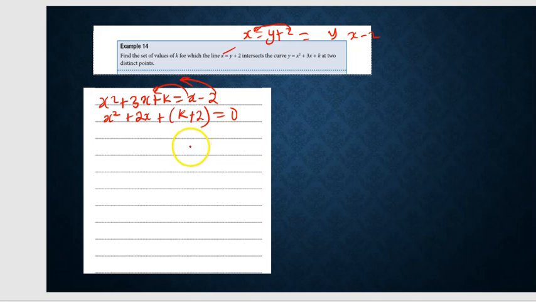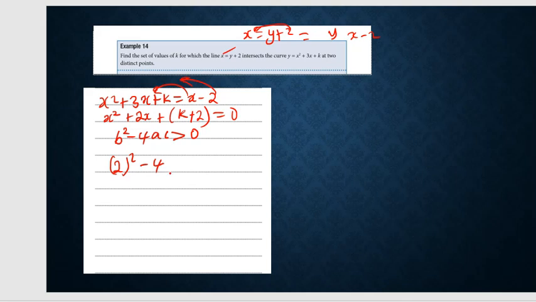Now, there are two distinct roots when b squared minus 4ac, the discriminant, is greater than 0, right? So if there are two distinct solutions, we are going to substitute in this formula of the discriminant. Our b becomes 2 squared. So this is 2 squared minus 4ac.